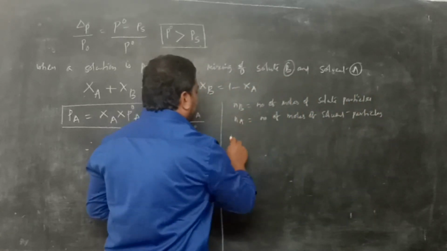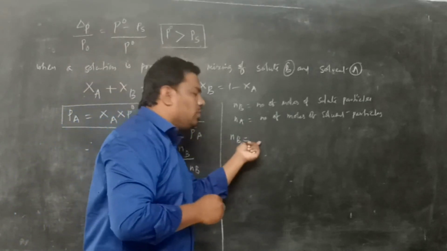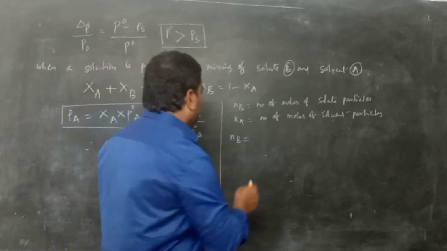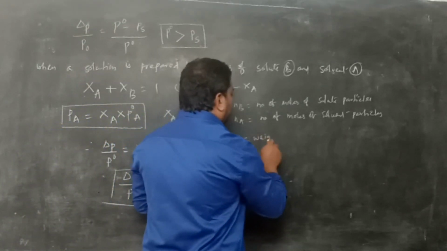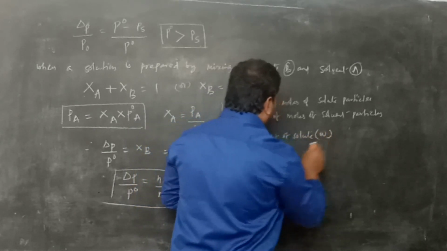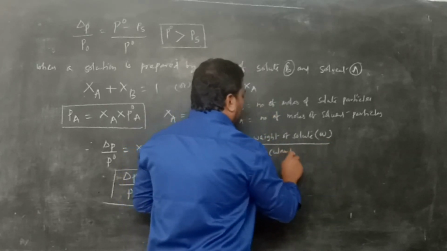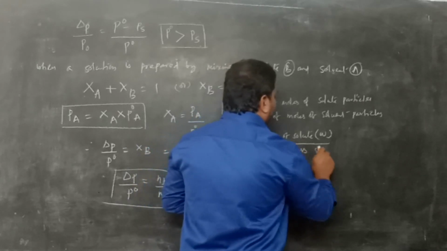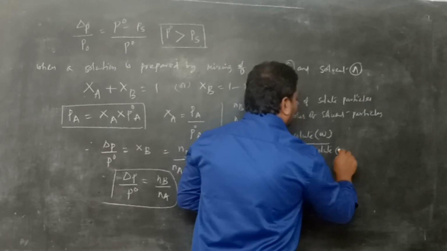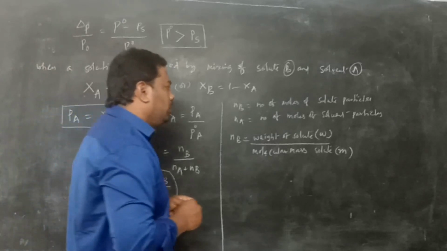Okay, so we will write NB is equal to number of moles, that is nothing but, student, weight of solute divided by molecular mass of solute. So NB is equal to weight of solute, so small w, divided by molecular mass or molecular weight of solute, that is equal to small m.